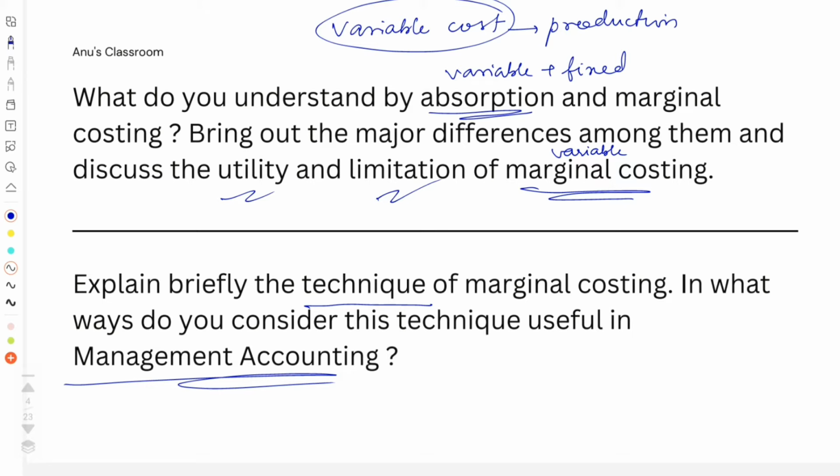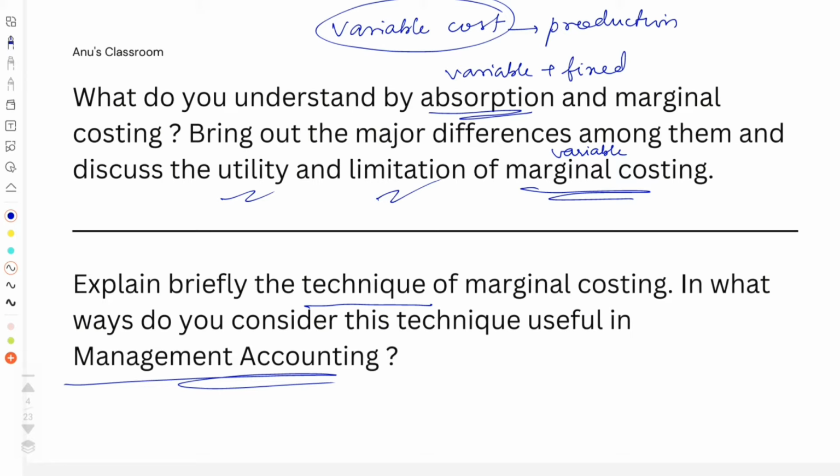Why? Because we need to consider all kinds of costs while we are preparing cash flow statements, balance sheets and all those things. So when we are doing financial accounting, we should always consider absorption cost and not marginal cost. But when we are dealing with management accounting, then we can consider just the marginal cost.